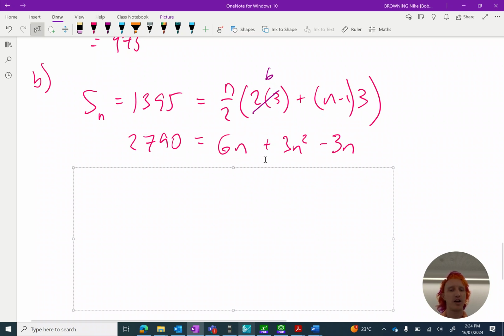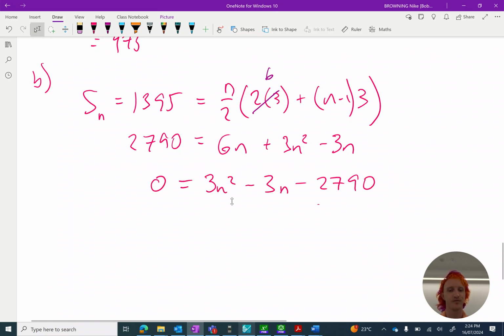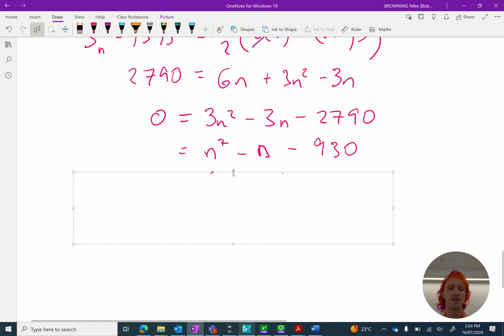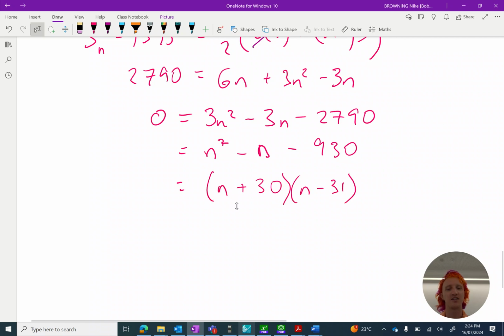Then I put it all on the same side, then divide everything by 3. And because I also have a calculator, I know that that is equal to (n plus 30) times (n minus 31). We know that n has to be greater than 0 because it starts at 1. And so 31 is our answer for that one.